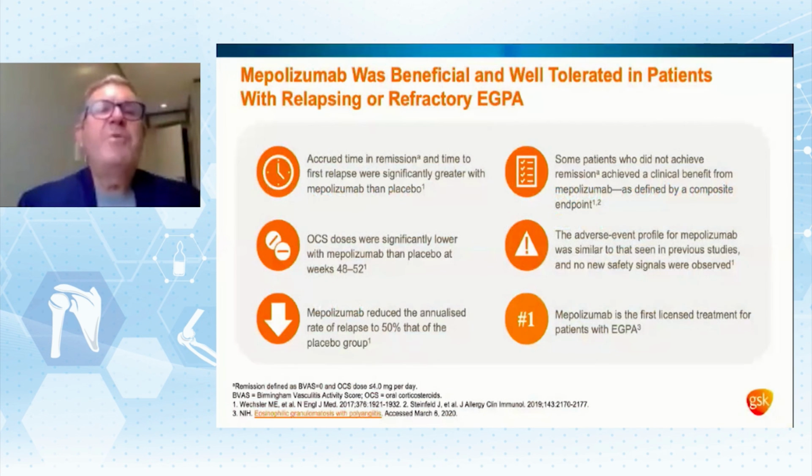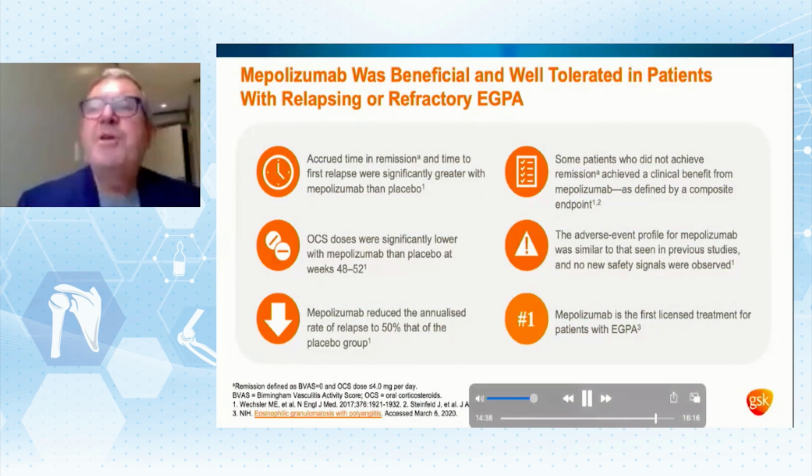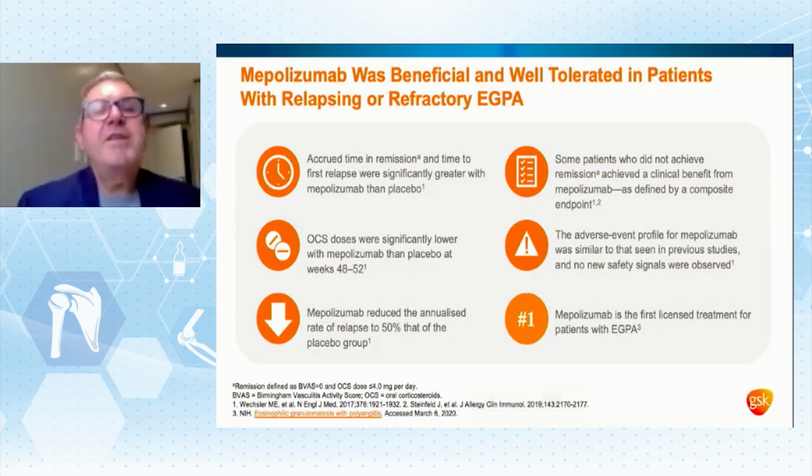In conclusion, mepolizumab, which has been approved for the treatment of EGPA in several countries, allows you to achieve a remission rate higher than with placebo, and to reduce the dose of oral steroids by the end of 48 or 52 weeks of treatment.